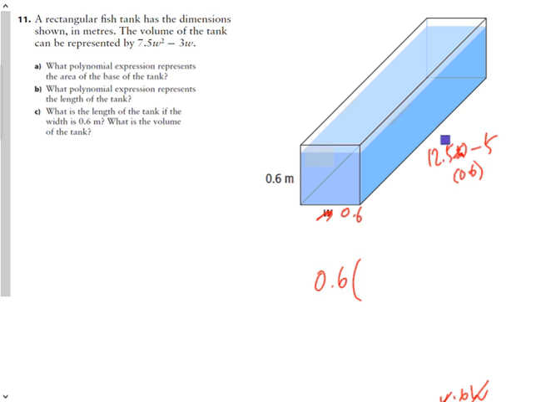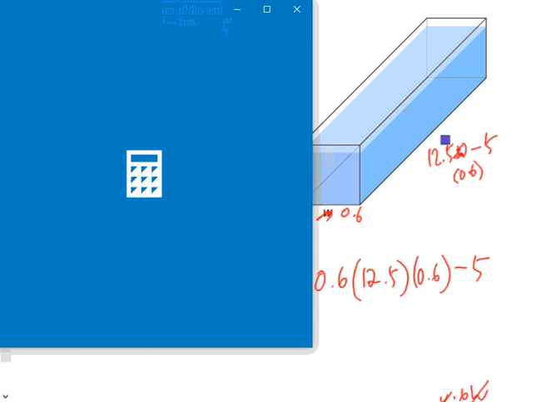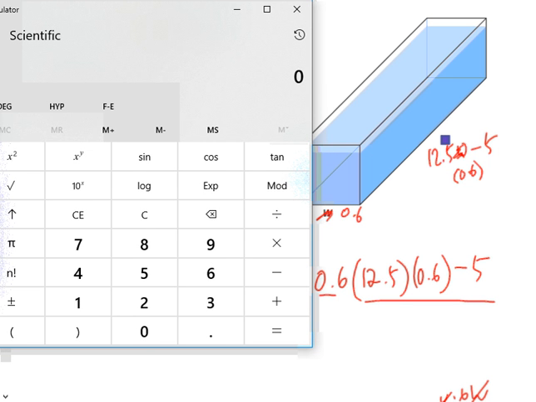So the area of the base would be this multiplied by this. Take away that. That's the area of the base. So if I work this all out with a calculator, this is the width and the length. So 0.6 times 12.5 times 0.6 equals, oh, I messed up somewhere.